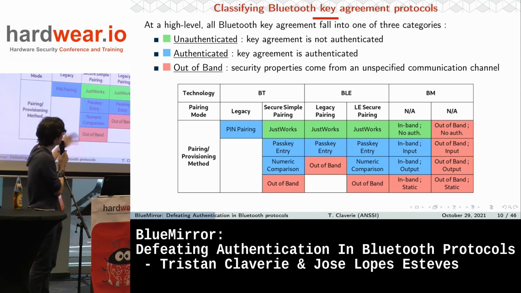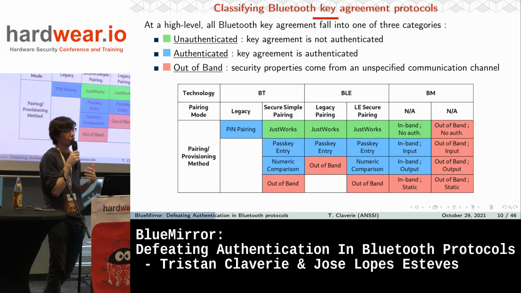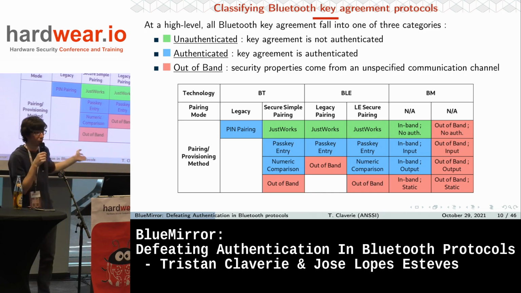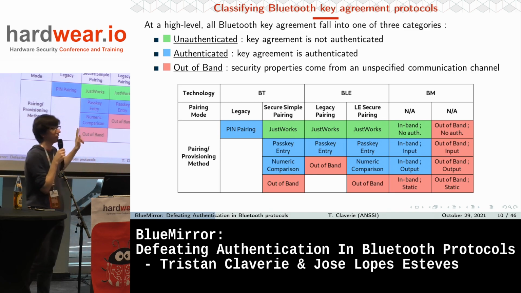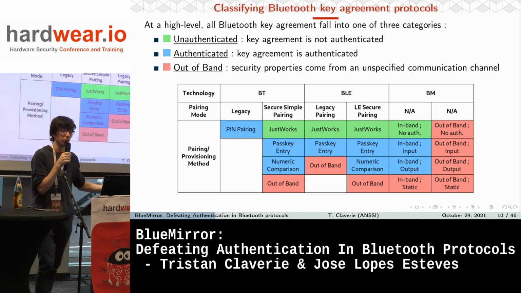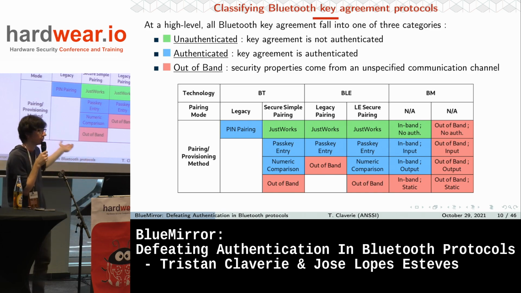Now, if we stay at a high level, we can actually notice that all those protocols belong to one of 3 categories. So we have a total of 20 key agreements, but if we look close enough, we only have 3 kinds of them. First, we have unauthenticated key agreements, which don't provide authentication. Then we have authenticated key agreements, which provide authentication.